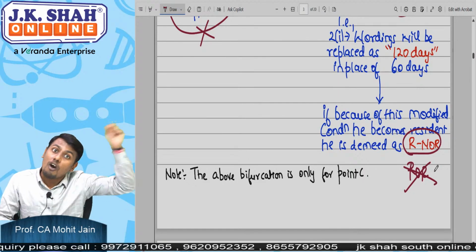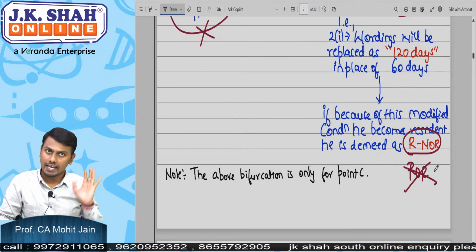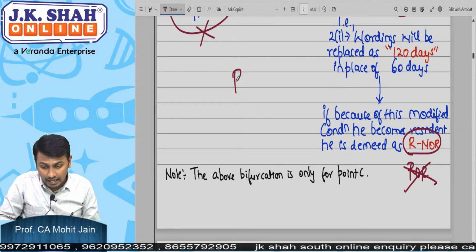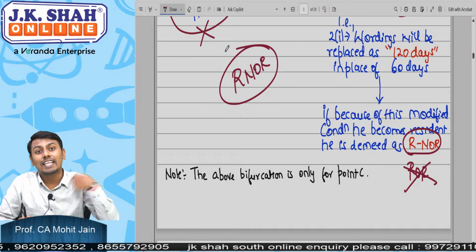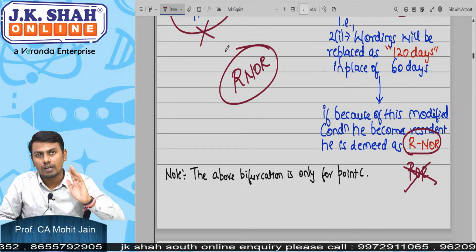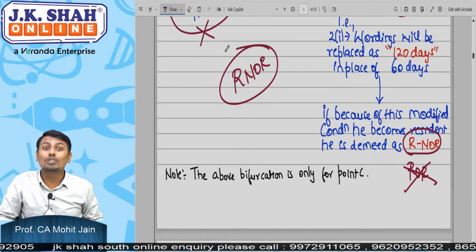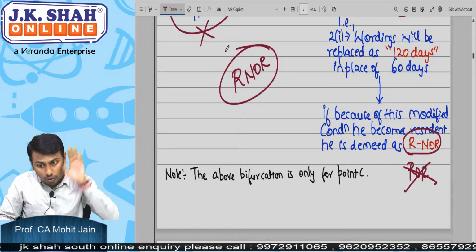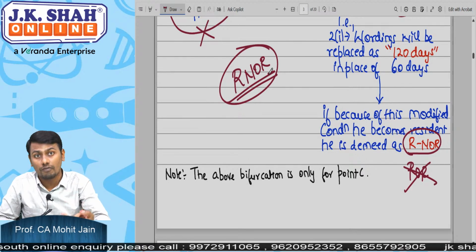But if you are a non-resident, then you have to pay tax only on Indian income. But there is one more category called RNOR. Those are persons like my brother. 20-30% of the time they are in India. And majority of the time they are what? Outside India.